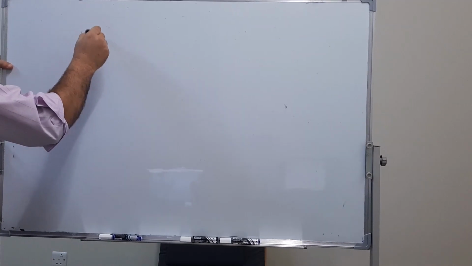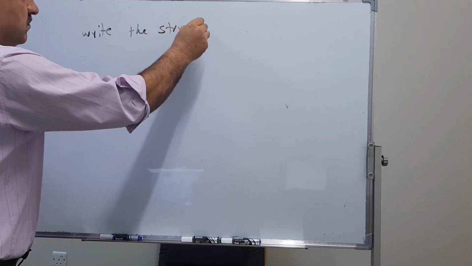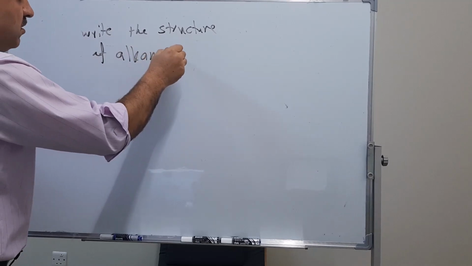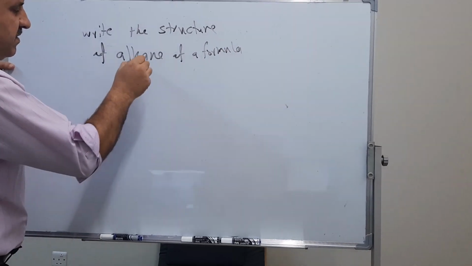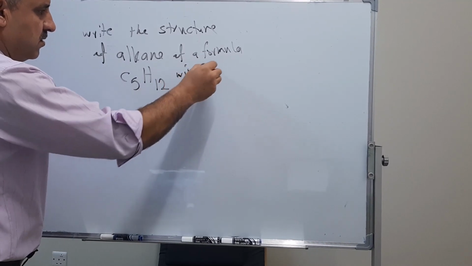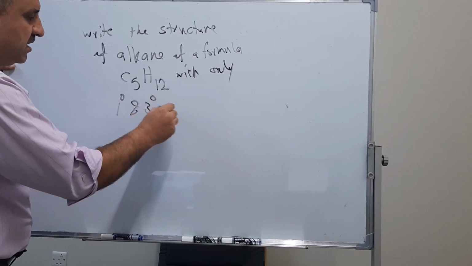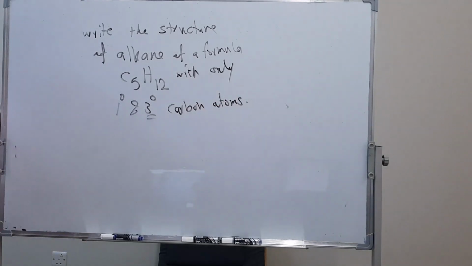Write the structure of alkane of formula C5H12 with only primary and tertiary carbon atoms. Suppose we want to deal with this problem.